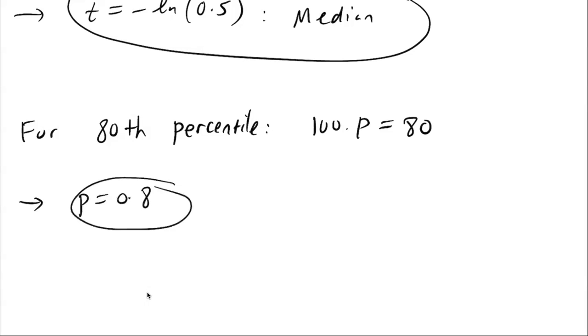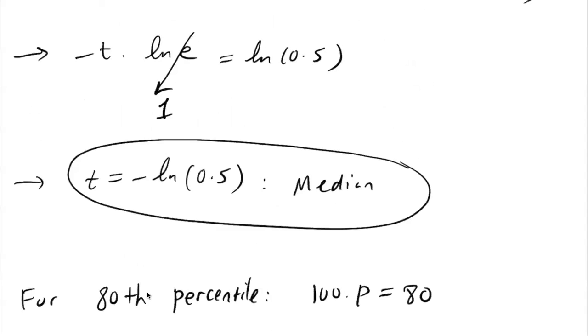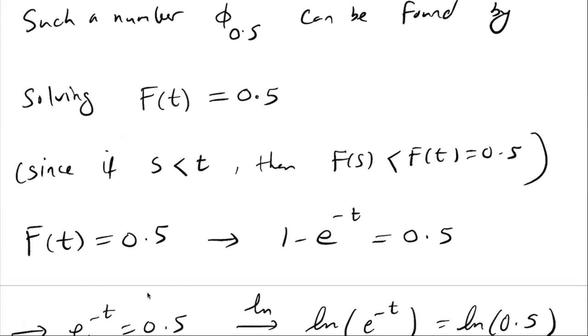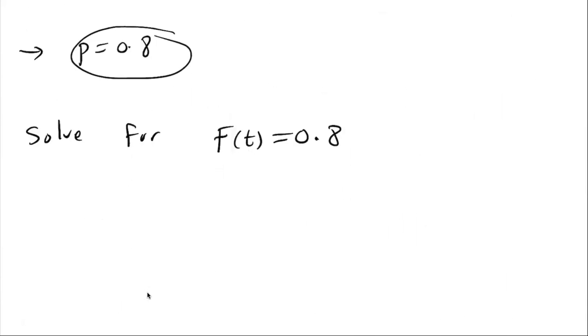So we just need to solve for capital F of t equals 0.8. For median, we solve for capital F of t equals 0.5. For 80th percentile, where p is equal to 0.8, we have to simply solve for capital F of t equals 0.8. So that means 1 minus e to the power minus t equals 0.8.